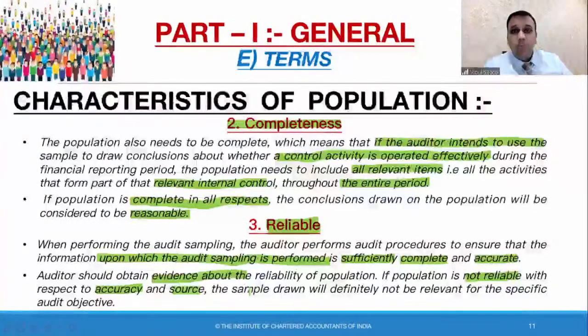The source was not complete. Much cross-tallying work was still required to be done at the accountant's end. My sample would be ineffective. So my population needs to be appropriate, complete, and reliable.